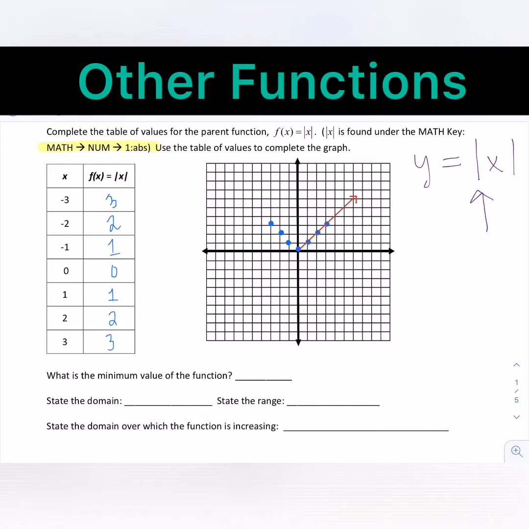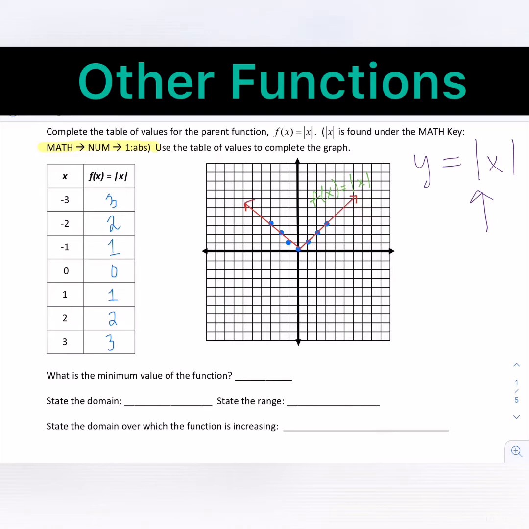So you want to just get through those points the best you can. Again, with a ruler, you can make it look really nice. It takes on the shape of a V. And as always, we want to label. So we are going to label this f of x equals the absolute value of x. And that function is done.